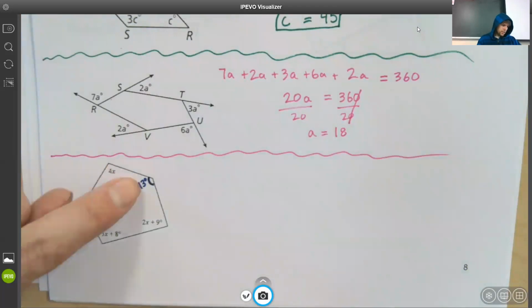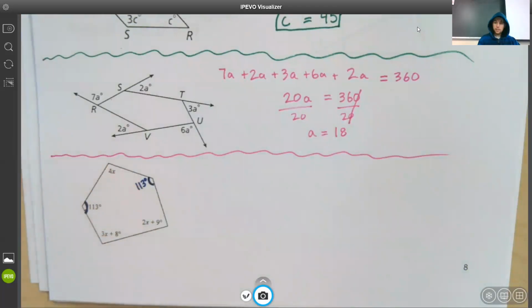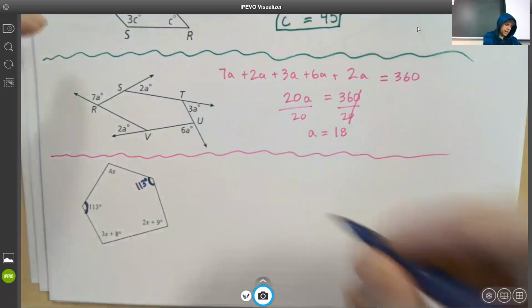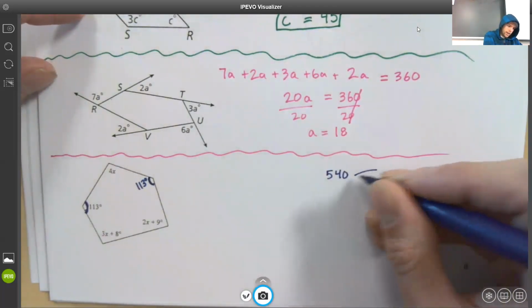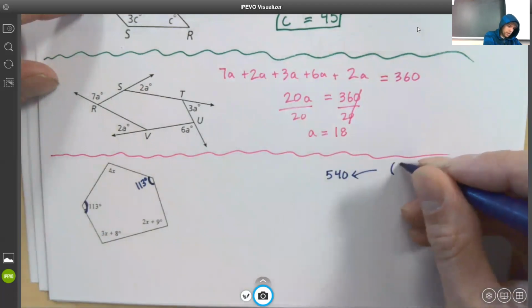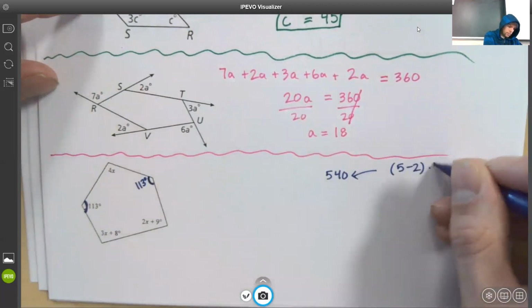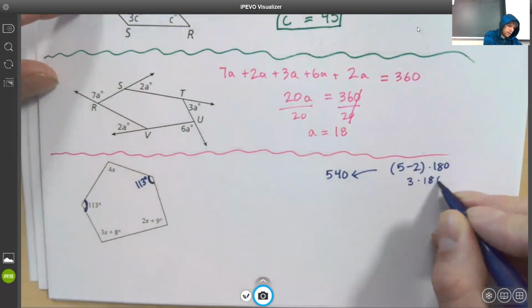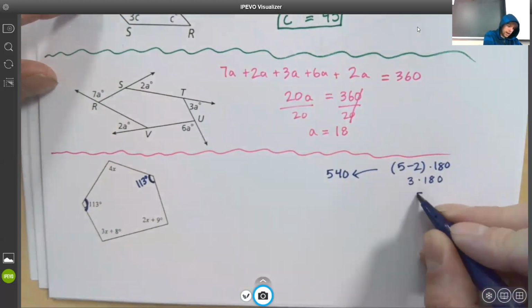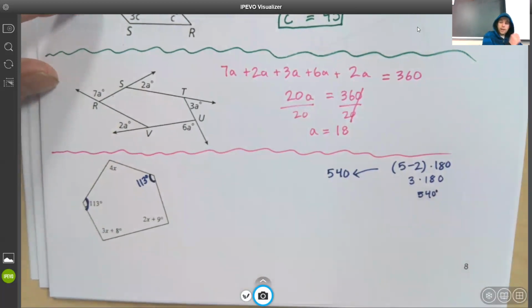We have the interior angles of a pentagon. So what do those add up to? That is 540 degrees. Why? Again, formula: n minus 2 times 180. That's 3 times 180, which is, again, 540 degrees. So that's how I know that it's going to equal 540.